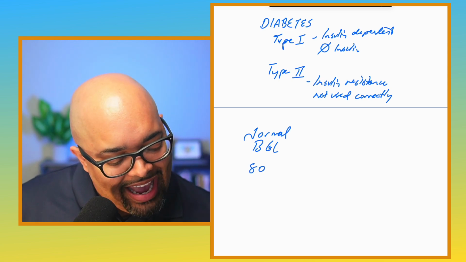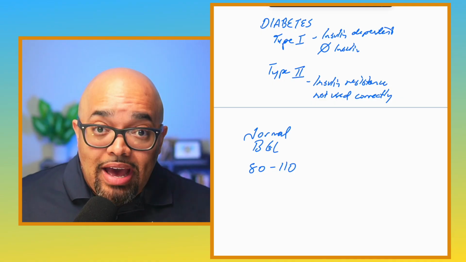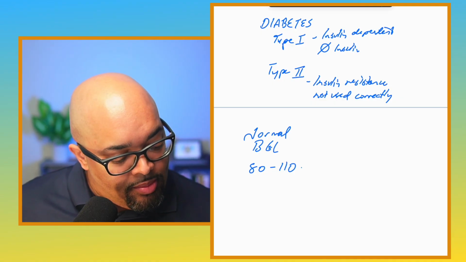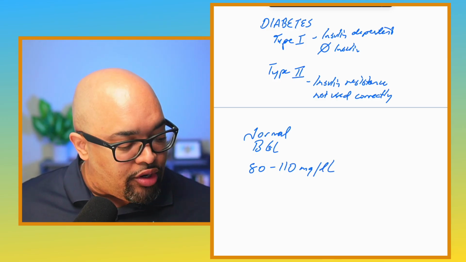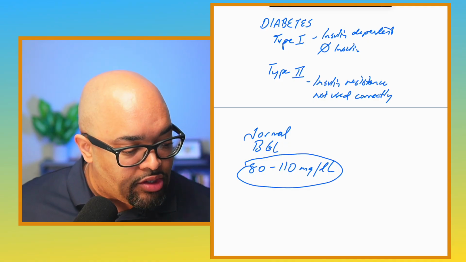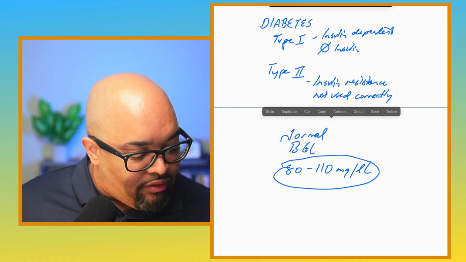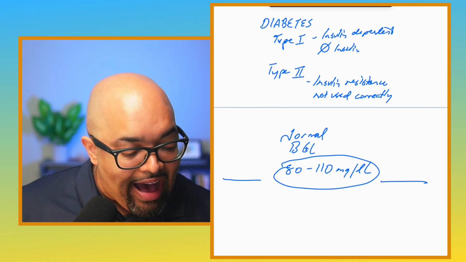It's going to be about 80 to 110. And in the US, we measure blood sugar in terms of milligrams per deciliter. So a normal blood sugar should be about 80 to 110 milligrams per deciliter.